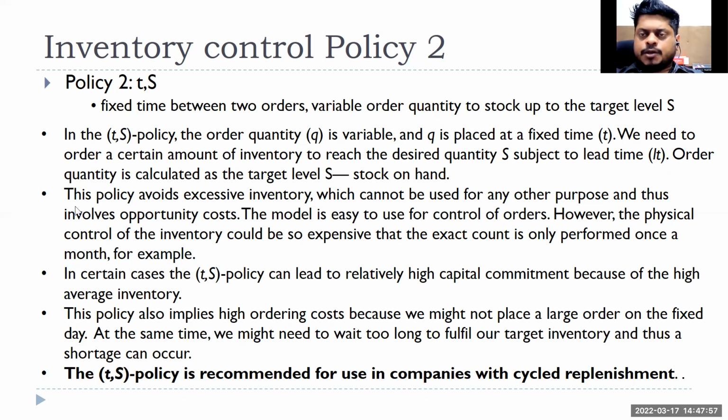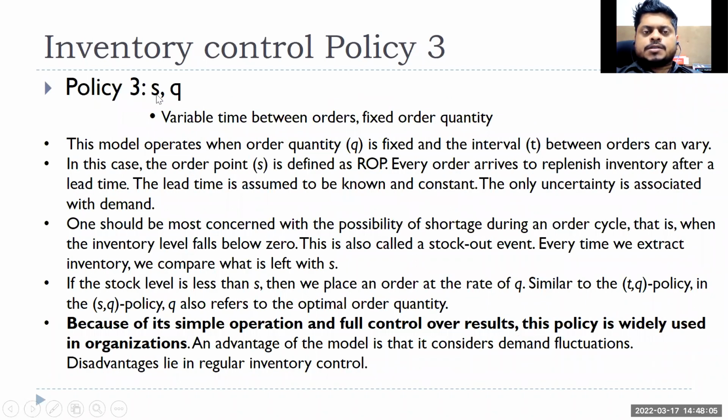So that is where you want to maintain a constant level of inventory. Right. Capital S is the maximum level of inventory you want to keep. Then small s, variable time between orders or fixed order quantity, right? So your quantity is like 30 kg rice or 30 units of a certain product, right?